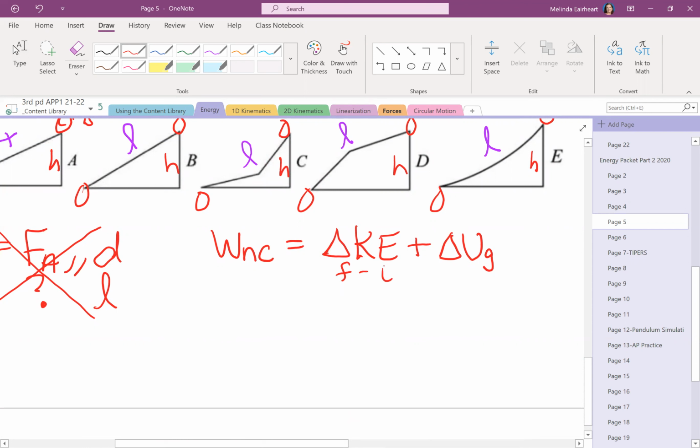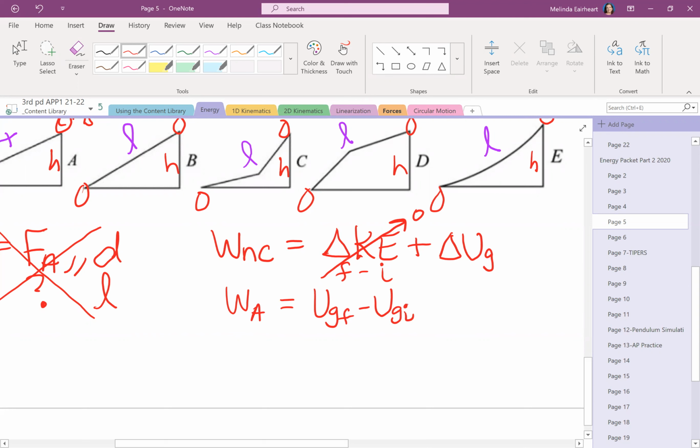Final minus initial, right? If both speeds are 0, what's the change? 0. That whole piece goes to 0. And so the work done by your applied force is going to equal that potential energy final minus potential energy initial.